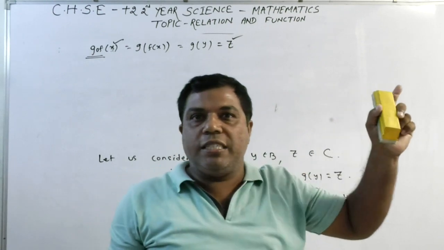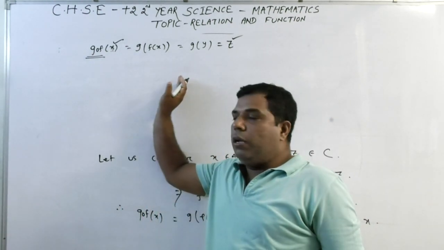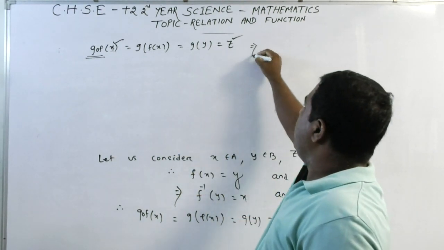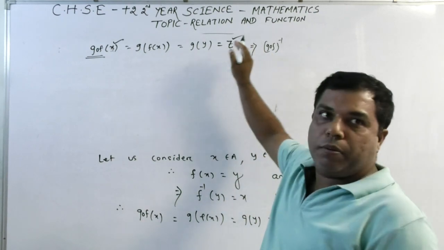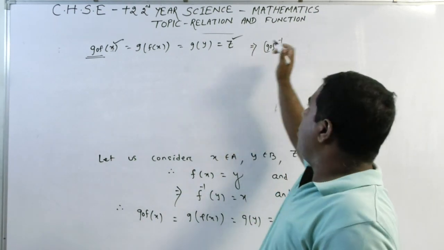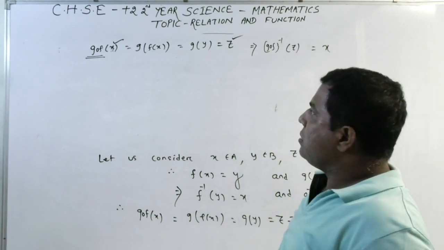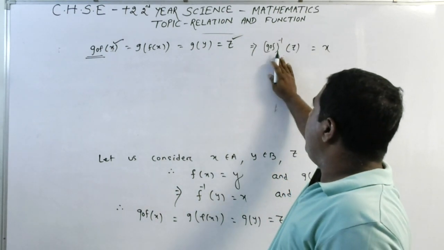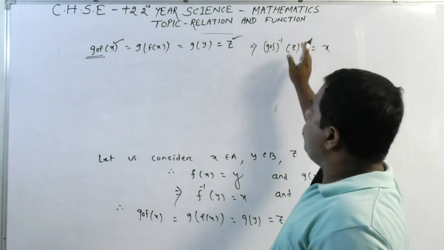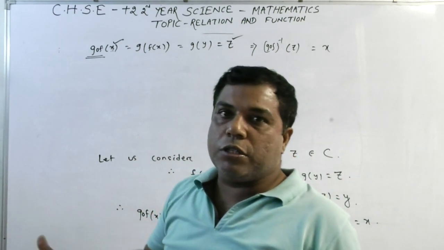But you can see that g function is a bijective function. Already it is shown. So we can say g inverse exists. What does g inverse do? It converts z to x. Since it is bijective, its inverse can exist. And what does the inverse do? The role of inverse is a reverse process.